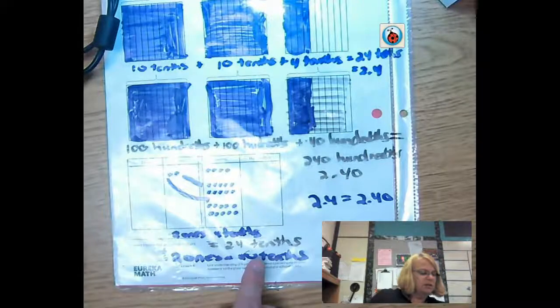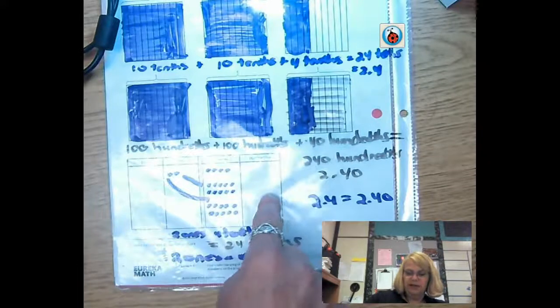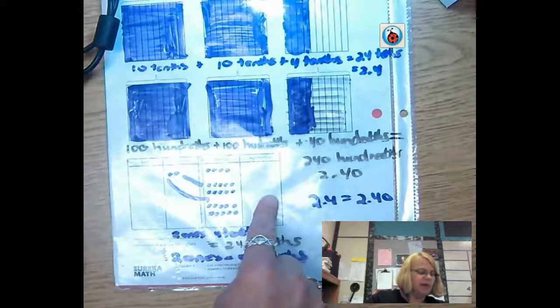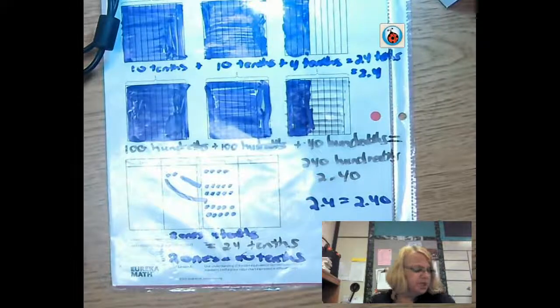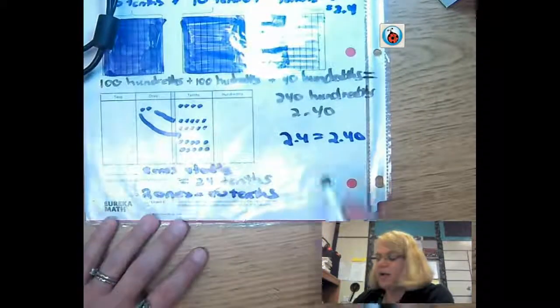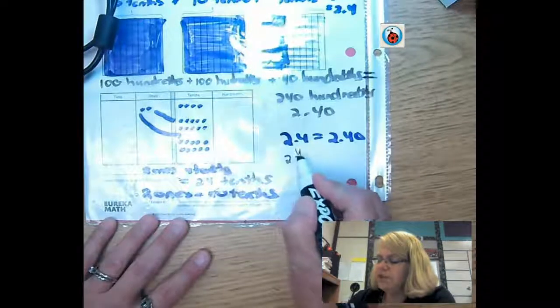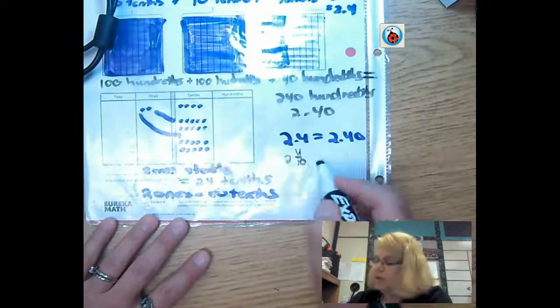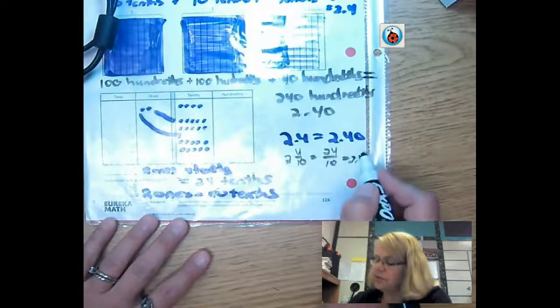Well, I can decompose each one of these into 10 hundredths, right? And then how many would I have over here? I would have 240. And if I was going to show you that without drawing place value discs, I would have 2 and 4 tenths, which equals 24 tenths, which equals 2.4.